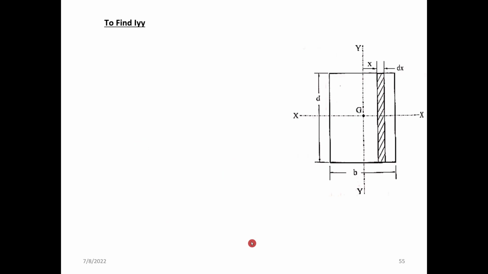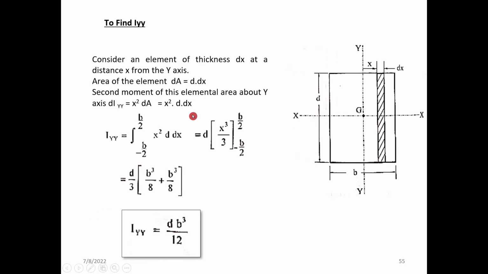Similarly, for finding the Iyy, consider an elemental area in the y direction. A similar derivation will give you that Iyy is equal to d b cube by 12.